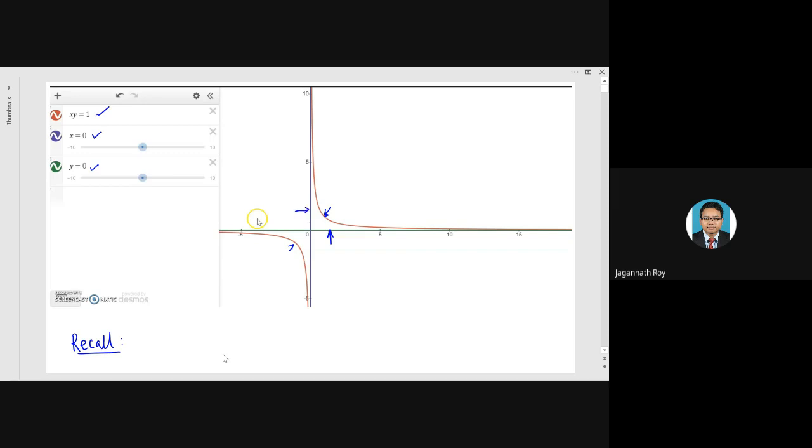Now the question is, will the curves intersect with each other?